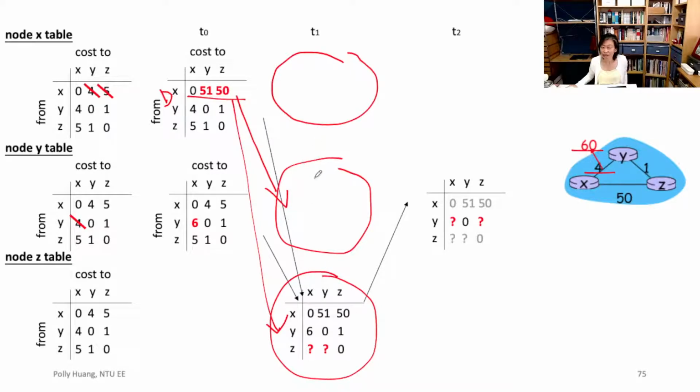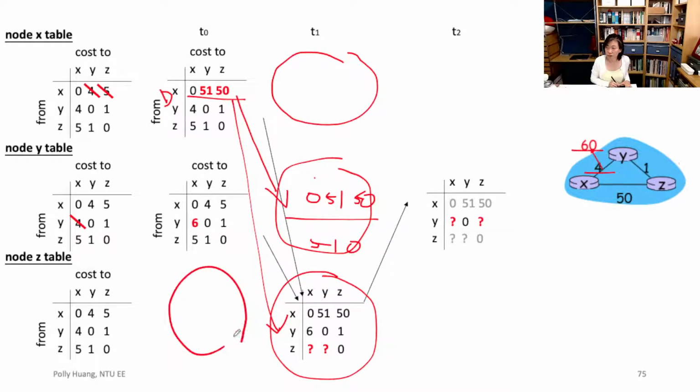But what about this guy here? Dy needs to be recalculated as well, with dx being 0, 51, and 50. Dz will still be 510 because nothing has changed here. So z here will not be sending anything out. So this needs to be recalculated.